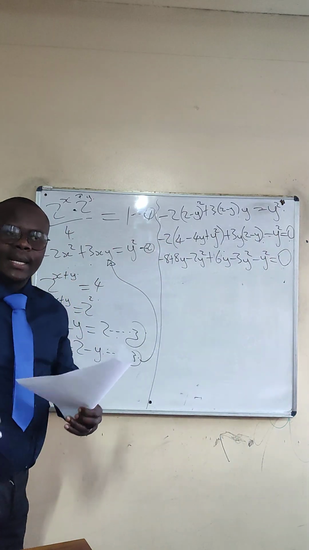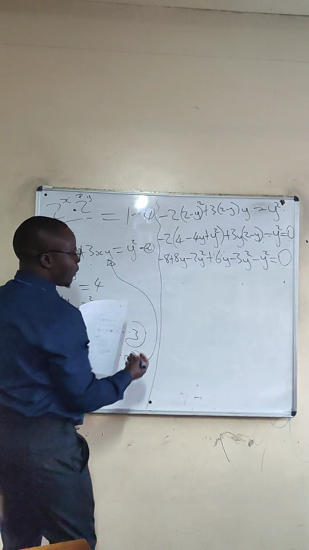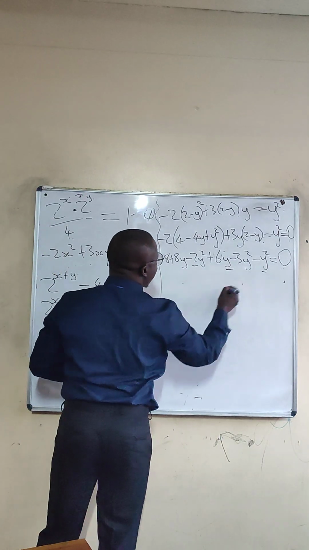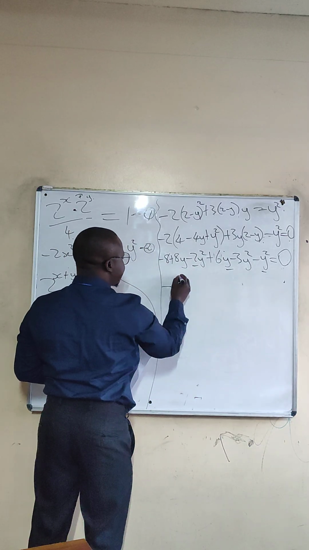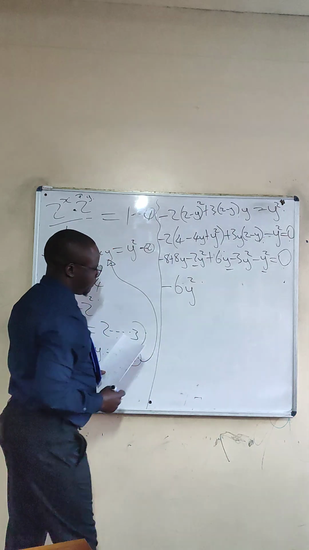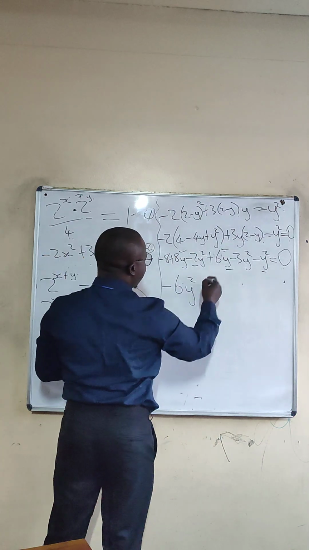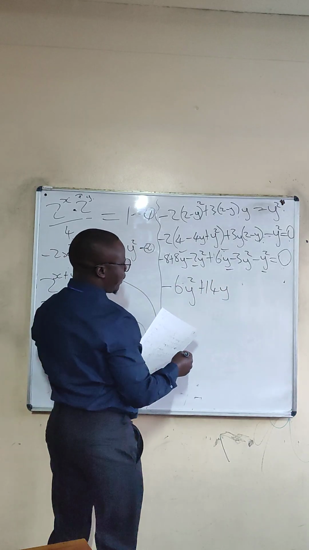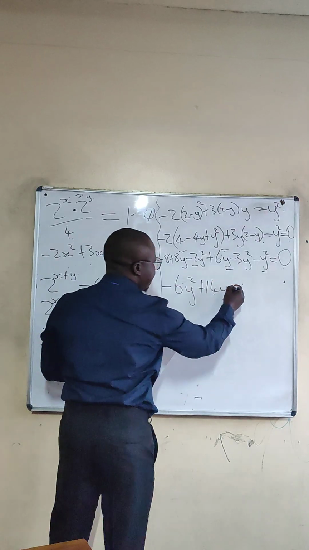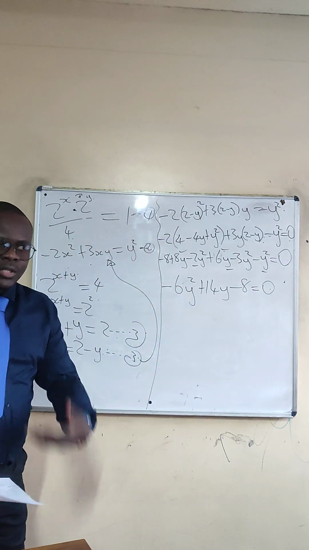So let's combine like terms and make it a standard quadratic equation. We are going to combine these ones with y squared. Minus 2 minus 3 minus 1 will give us minus 6y squared. Then we combine these ones, which gives us plus 14y, and on the other side minus 8 equals 0.